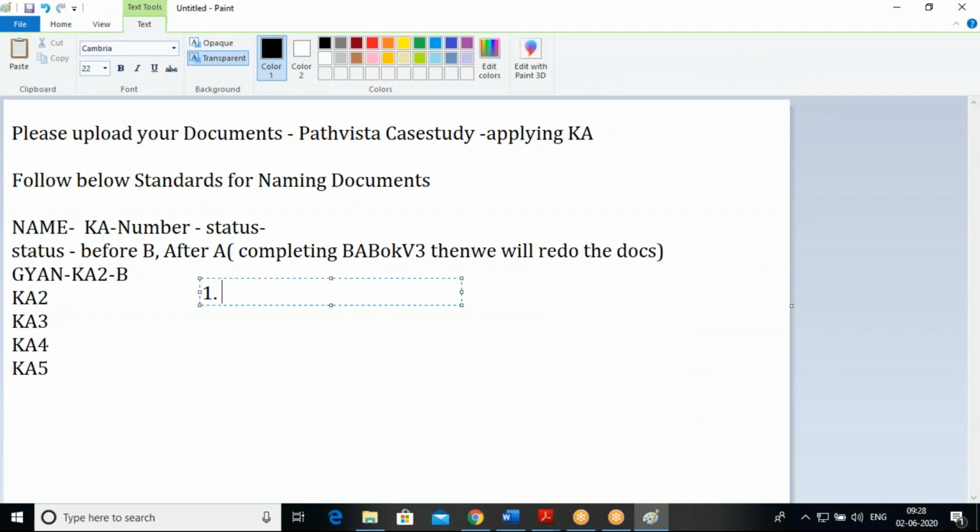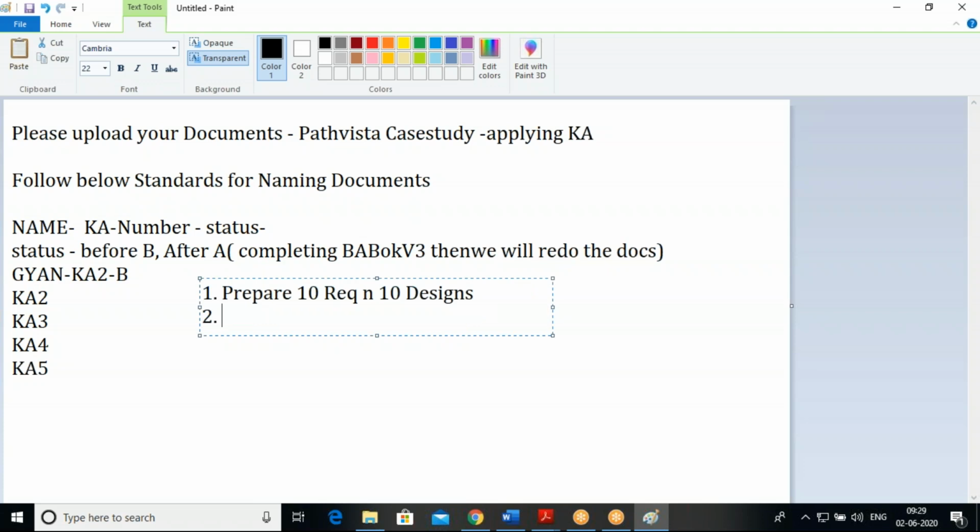Number one, you have to prepare 10 requirements and 10 designs. This is the first step. Only once you start working, you will get that clarity.